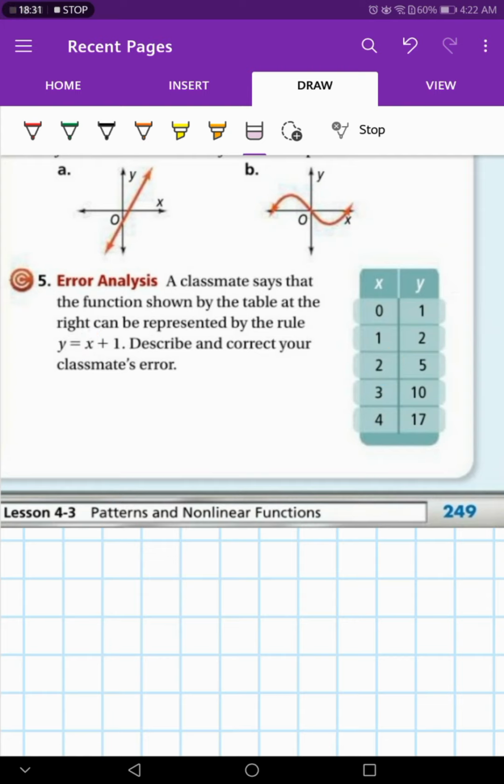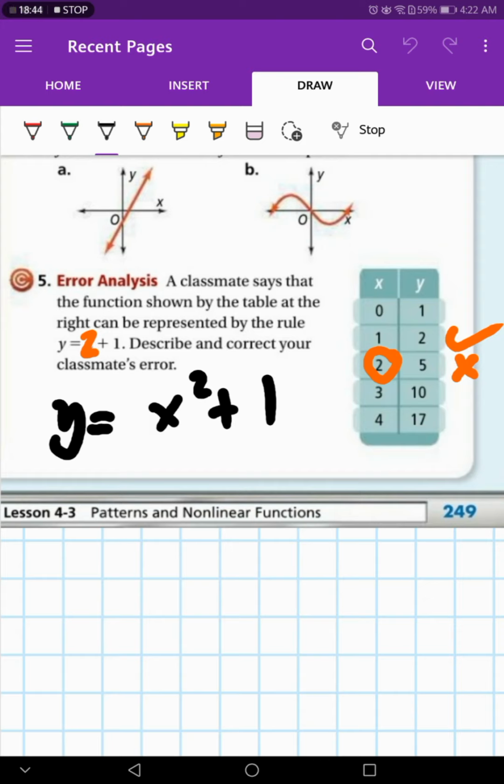The correct rule, my dear student, is y equals x square plus 1. Let us try. Now put the 0 instead of the x, it will be 0 square, which is 0, plus 1 equals 1, which is correct.